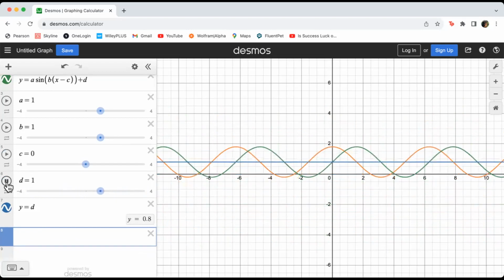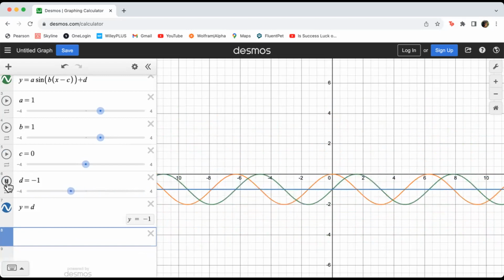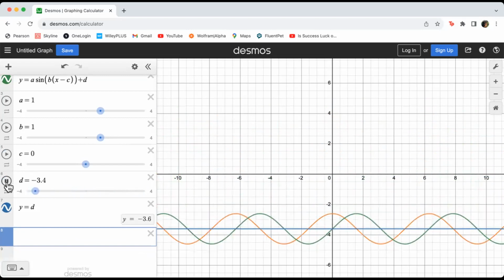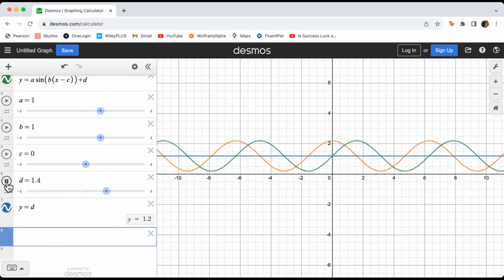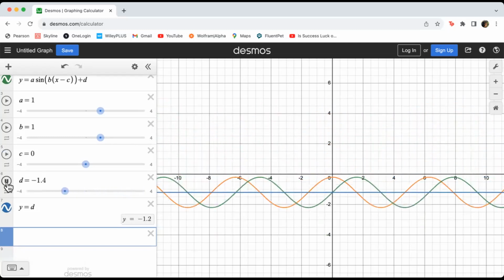Moreover, since that blue line is just the flat line where Y is equal to D, it looks like whatever the value of D is, that's where the middle is. Changing D changes where the middle is. D is the middle.